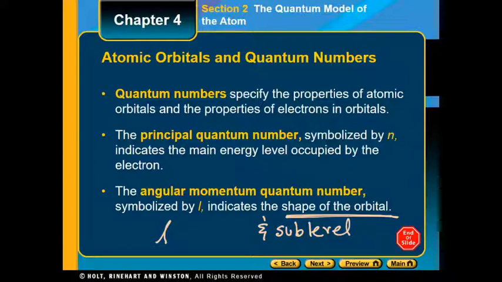Angular momentum quantum number is your sub-level within a main energy level that also indicates the shape of the orbital. Now, to get into this, we have a lot more within the angular momentum quantum number. I'm going to pull up a periodic table. You need to have a periodic table out and even just do a dummy version outline of your periodic table.